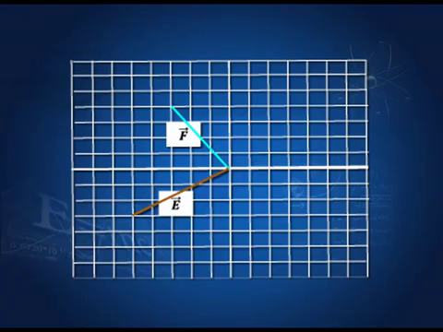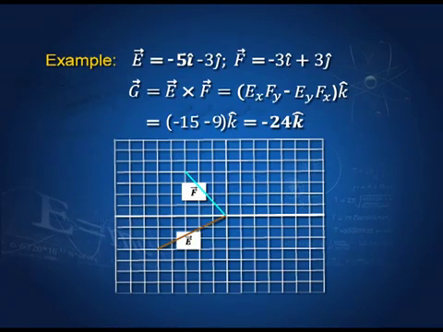Let us take an example to understand once again the cross product between two vectors. Here we have taken vectors E and F. You can see in the diagram that vector E is minus 5 times i cap minus 3 times j cap, and F vector is equal to minus 3 times i cap plus 3 times j cap.